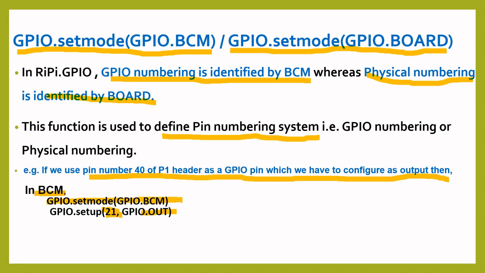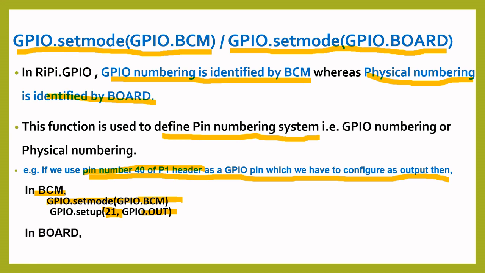Because I have to set this pin as an output, I am writing GPIO.OUT here. And we need to configure pin number 40 of P1 header. Pin number 40 of P1 header is a physical pin, and if you go through the pin diagram of Raspberry Pi, you will find that pin number 40 of P1 header is GPIO pin number 21, and therefore here we have written 21.